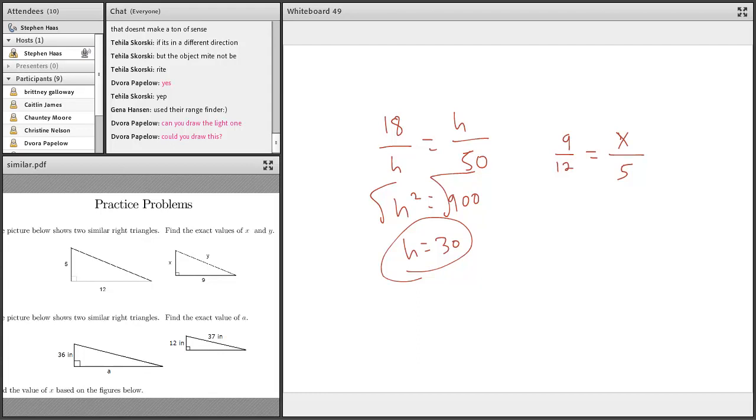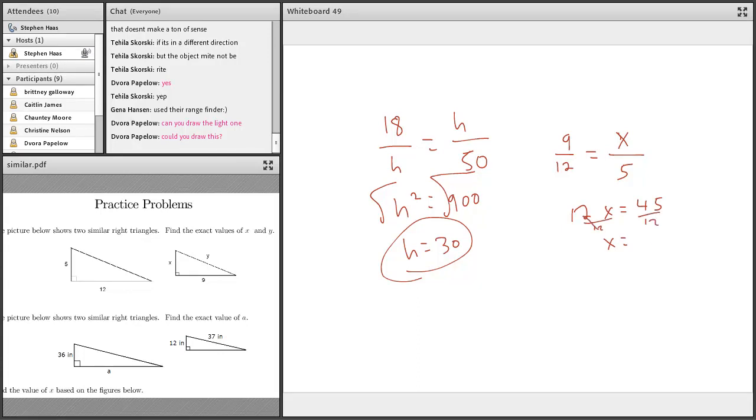Then you'd cross multiply. 12x equals 9 times 5, which is 45. So x, divide each side by 12.